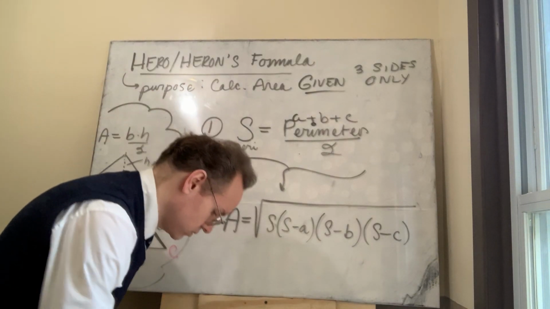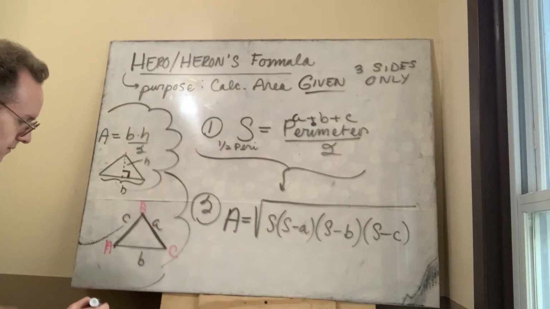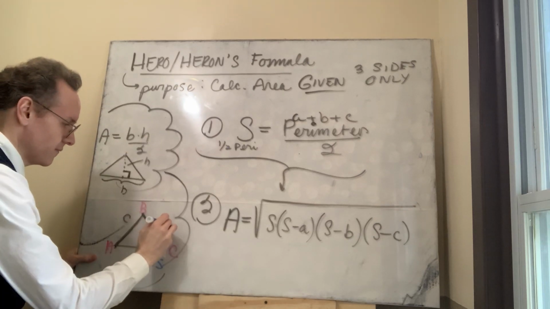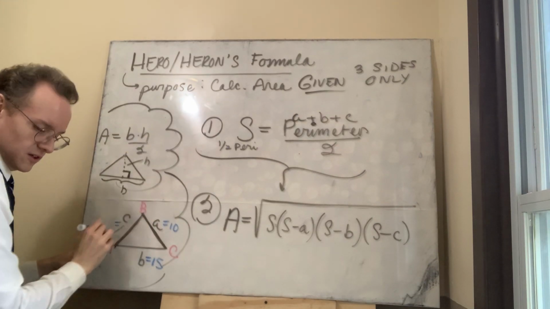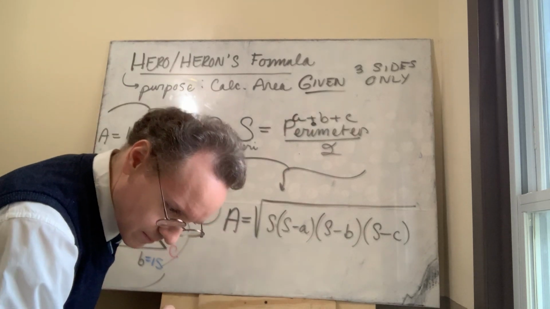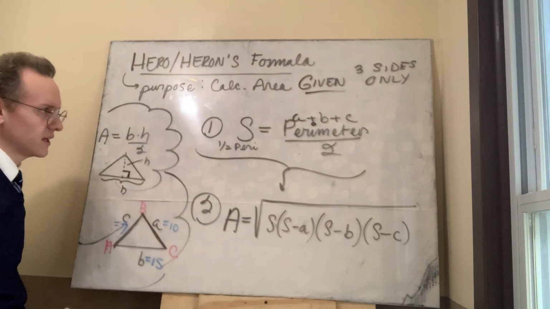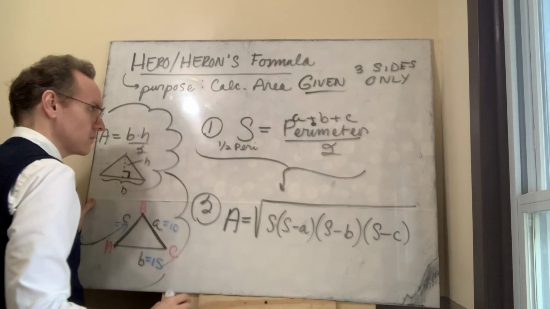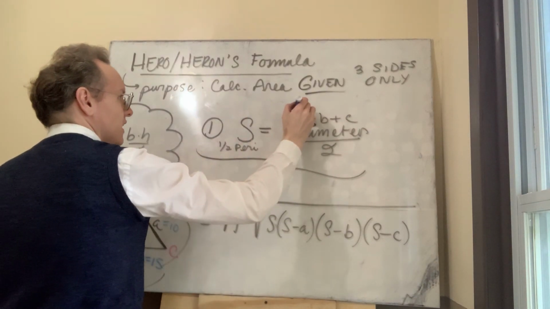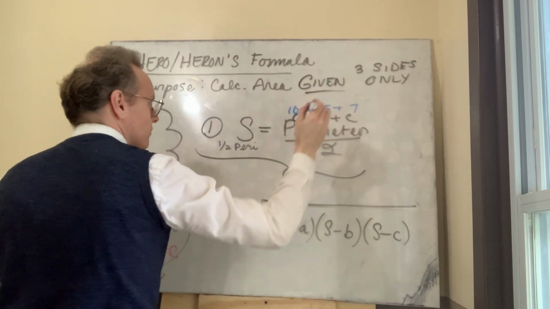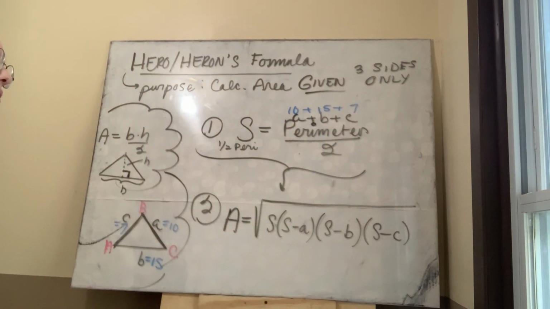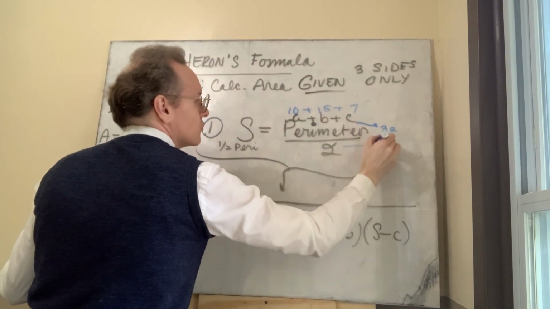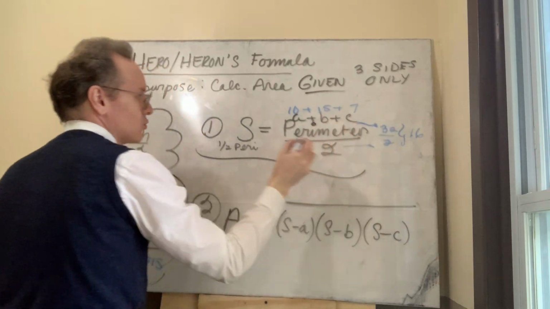If you do know that B is 15, and A is 10, and C is 7, then again, in two parts, figure out the perimeter first, which would be 10 plus 15 plus 7, which would be 25 plus 7, which would be 32. And half of 32 would be 16. That's what S is.